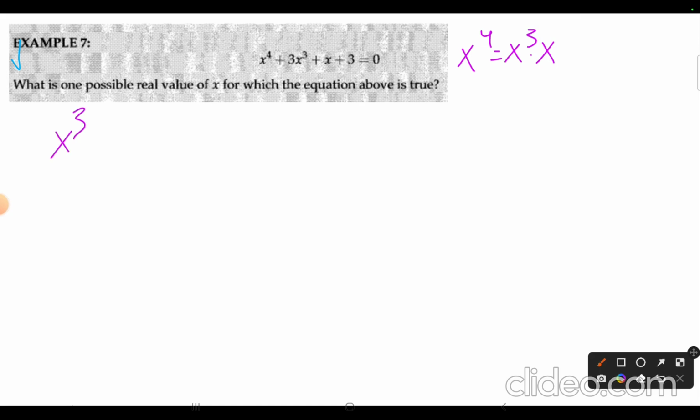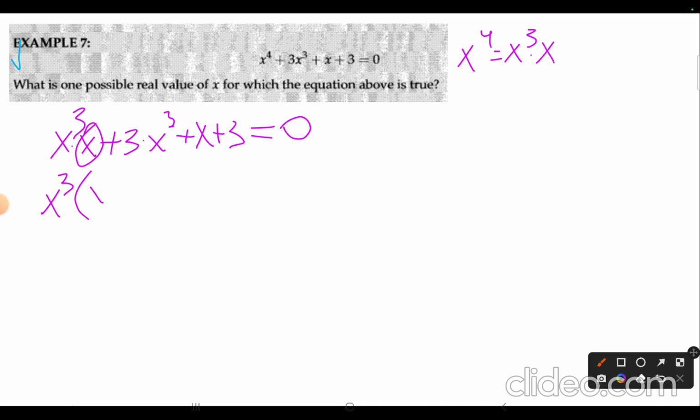Let's write like this, x cubed times x plus 3 times x cubed plus x plus 3 equals 0. This x cubed is a common factor. Let's take it out of brackets. Then we will write the coefficient. It is x. Coefficient of x cubed here is 3. And we can write in parentheses, because now we see that x plus 3 is also a common factor.